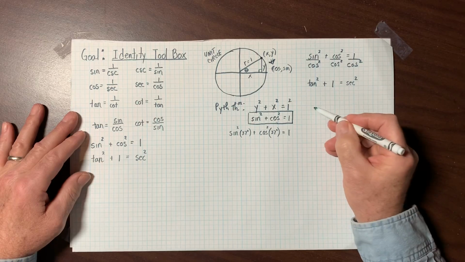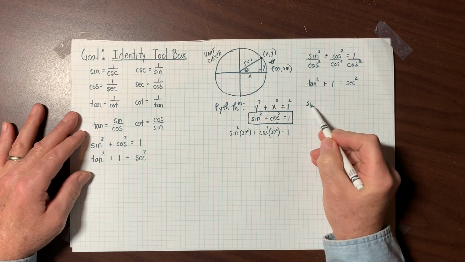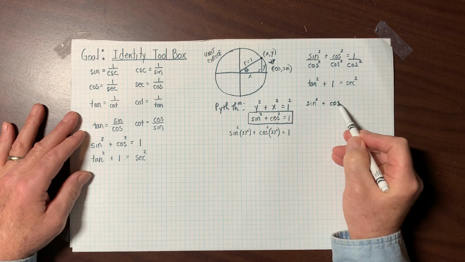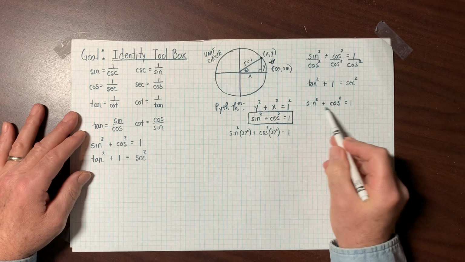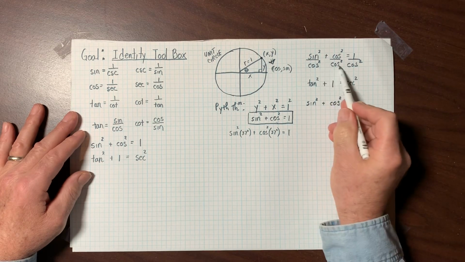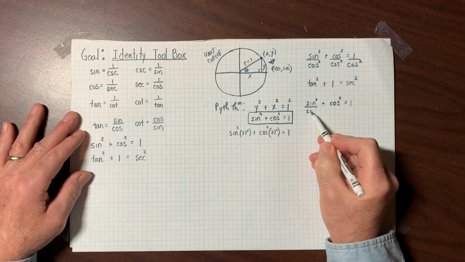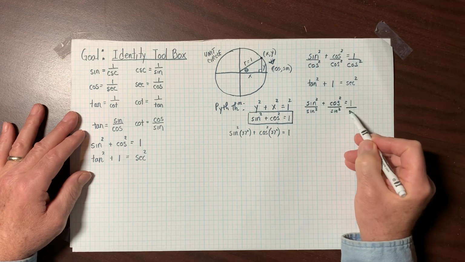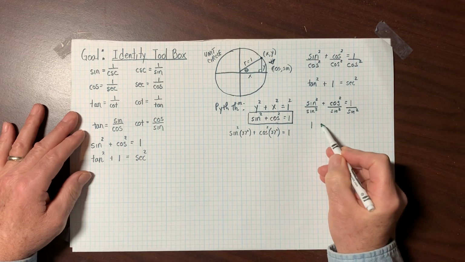I'm going to do a rewrite on this right here. I'm going to say sine squared plus cosine squared is equal to 1. And I'm going to go through, and instead of dividing by cosine squared as I did before, I'm going to go through and divide by sine squared all the way across. So that would give me 1.